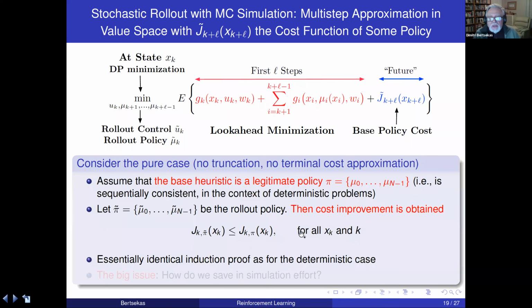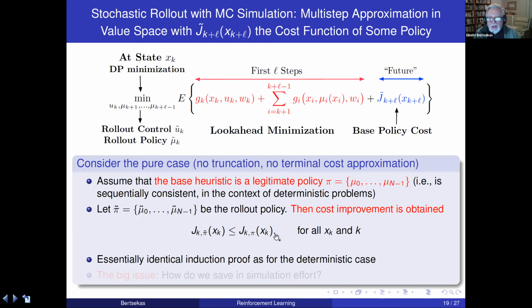And the proof of this is essentially the same induction proof as for the deterministic case, which I think I gave in the previous lecture. Of course, this assumes that there is no truncation, okay, and no terminal cost approximation.